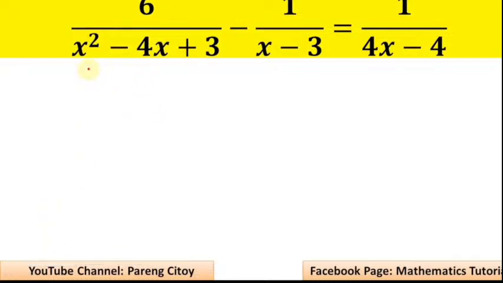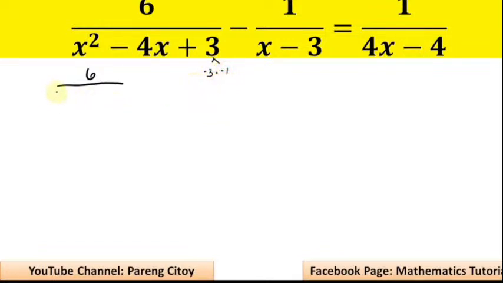We have 6 over, okay, factor nito is what are the two numbers that if you multiply the result is positive 3, and if you multiply the two numbers the result is negative 4. So the two numbers is negative 3 times negative 1.